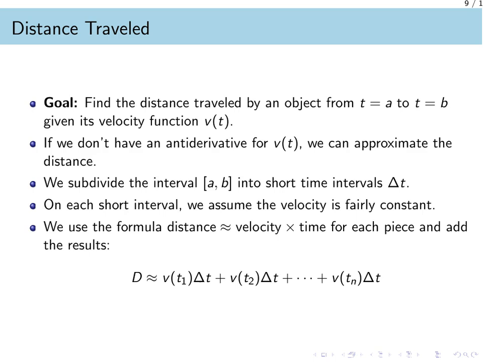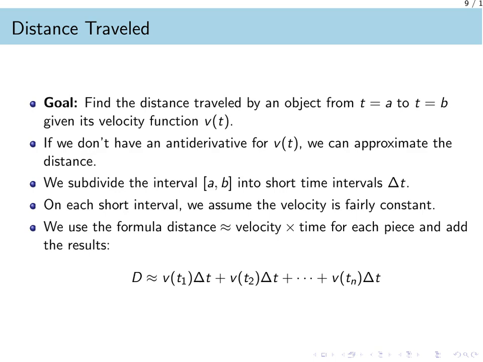We subdivide the time interval into many short time intervals, which we call delta t. We assume that during each tiny time interval, the velocity is fairly constant. We can then estimate the distance traveled in that short time by multiplying the velocity at a chosen point, v of t sub k, by the time interval delta t.